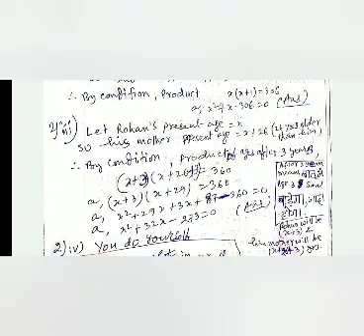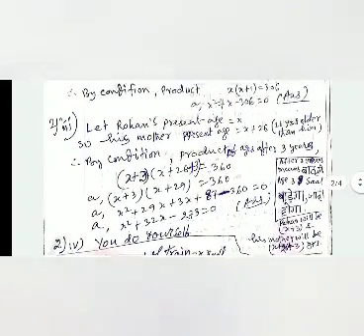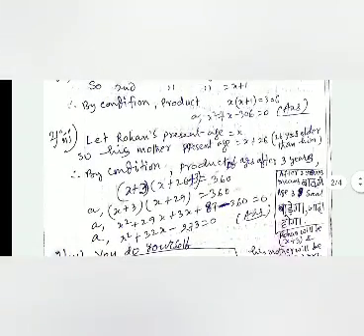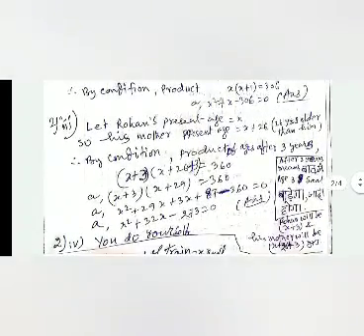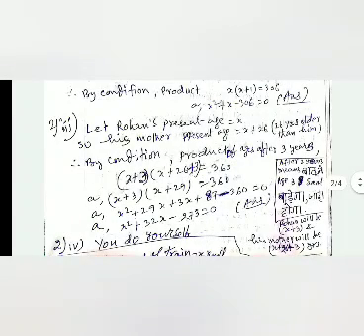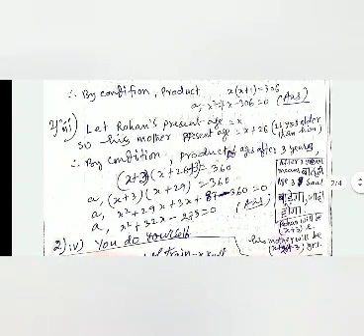After calculation we will be getting x square plus 32x minus 273 equal to 0. This is the quadratic equation. I wrote in Hindi that after 3 years means later. Age will increase after 3 years. Rohan will be x plus 3 and his mother will be x plus 26 plus 3 years.